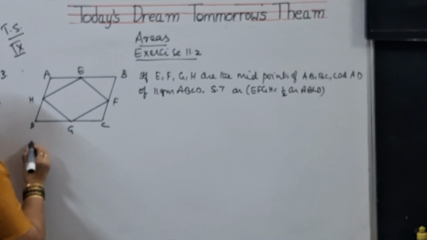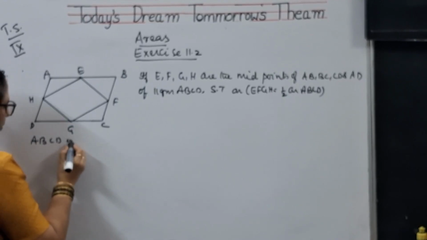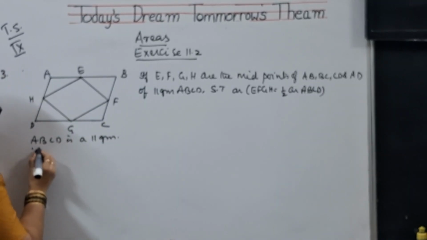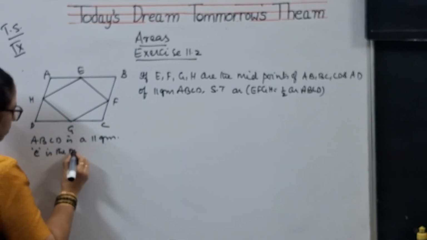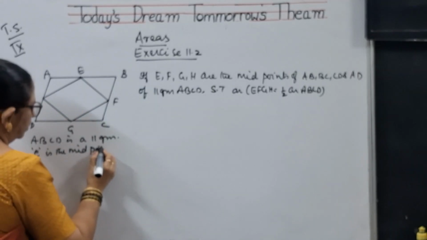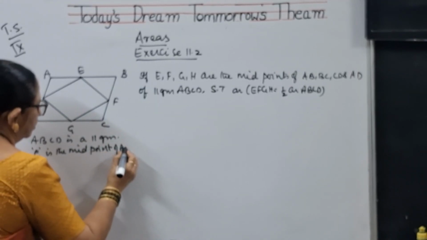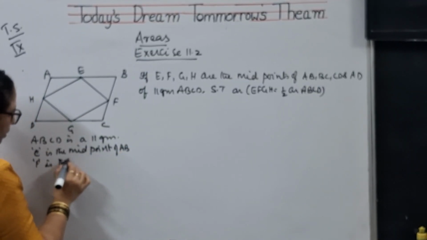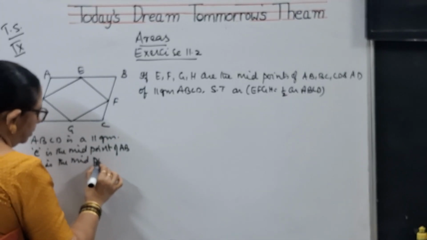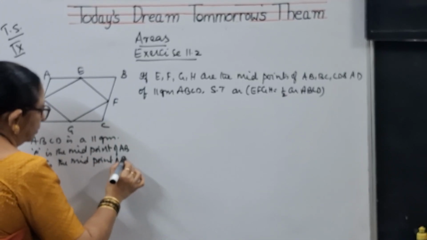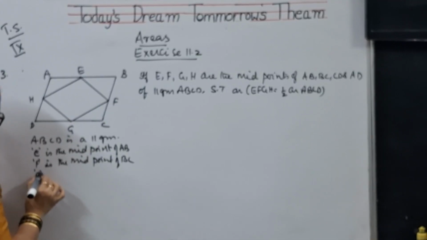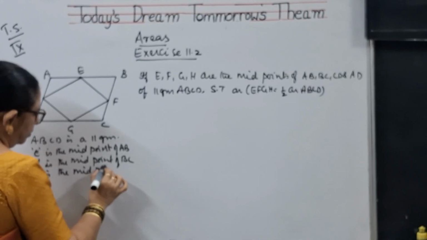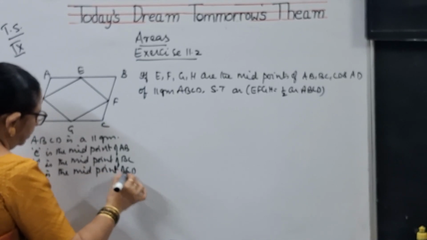So we know that ABCD is a parallelogram, and E is the midpoint of AB. F is the midpoint of BC. G is the midpoint of CD.